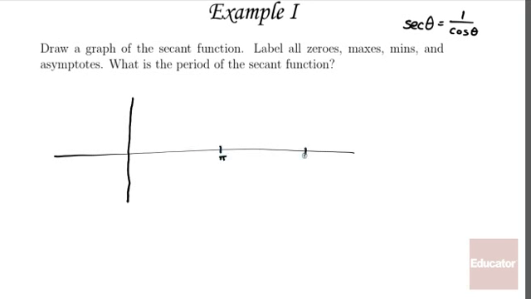There's pi, there's 2 pi, and I'm going to extend this out a bit, 3 pi, and negative pi. Now remember that the cosine function starts at 1, goes down to 0 at pi over 2, so there's pi over 2.